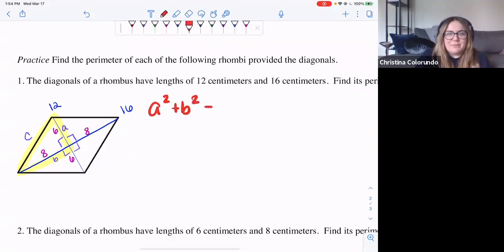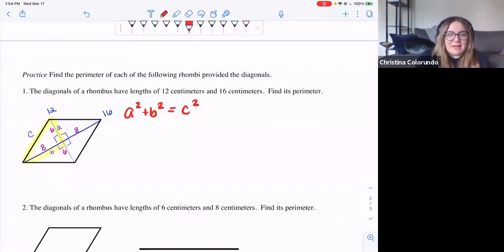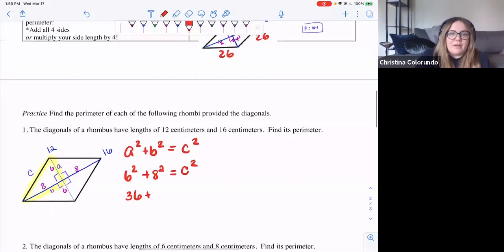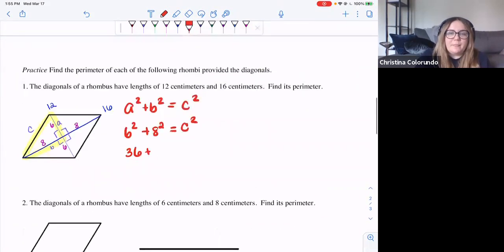So we do a squared plus b squared equals c squared. We substitute the lengths of our triangle, which are 6 and 8. That is true for all of the triangles. 6 squared plus 8 squared equals c squared. The value of 6 squared is 36. The value of 8 squared is 64, and that equals c squared.